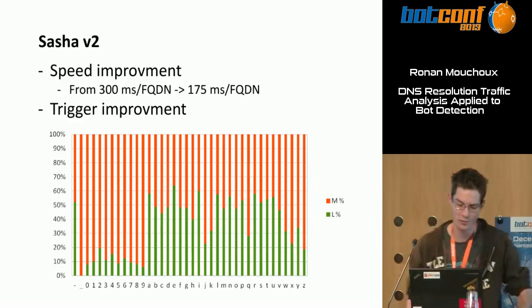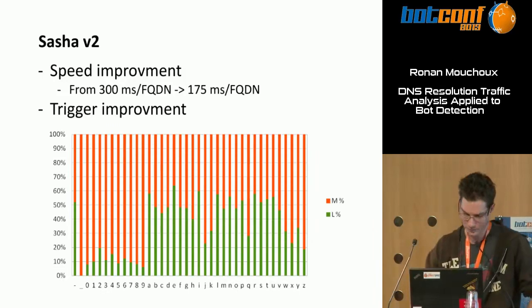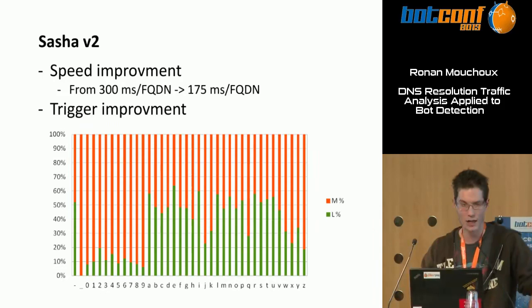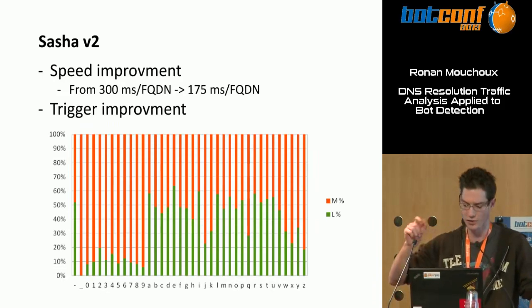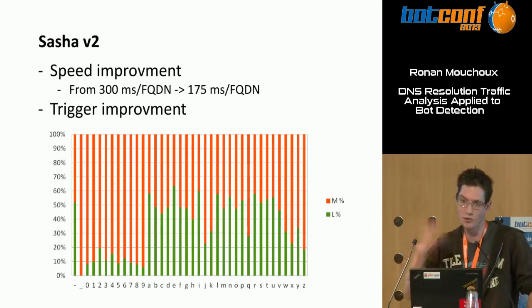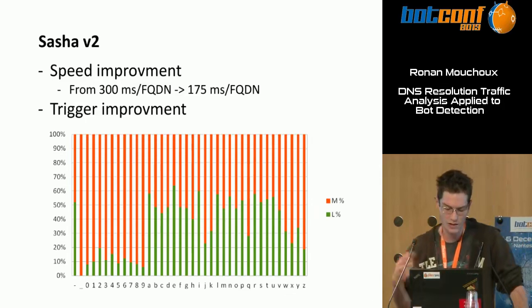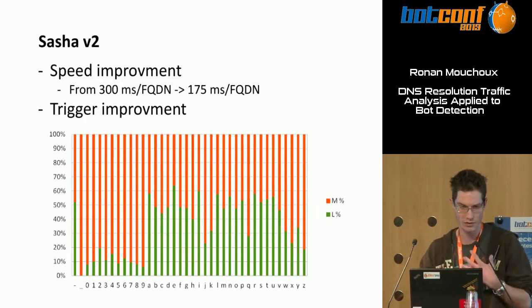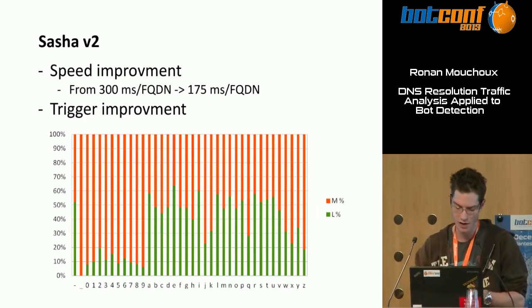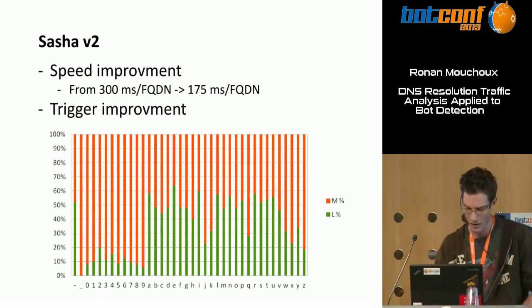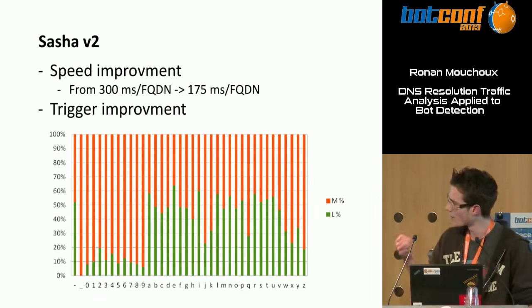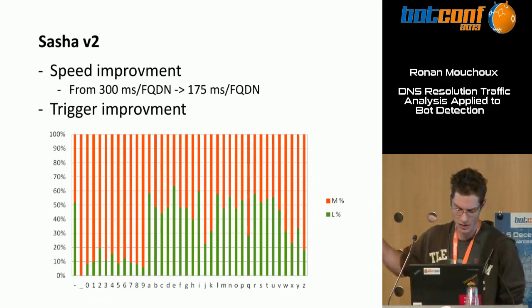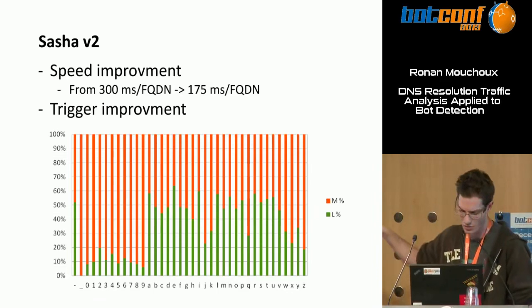For Sasha, most of the improvement was focused on speed. In the first version, the values I put for the triggers came out of nowhere. It was intuition. Then I did some statistical analysis on the traffic and web habits of the internauts of the company. Here, for example, is a character used in both legit and malicious domains.